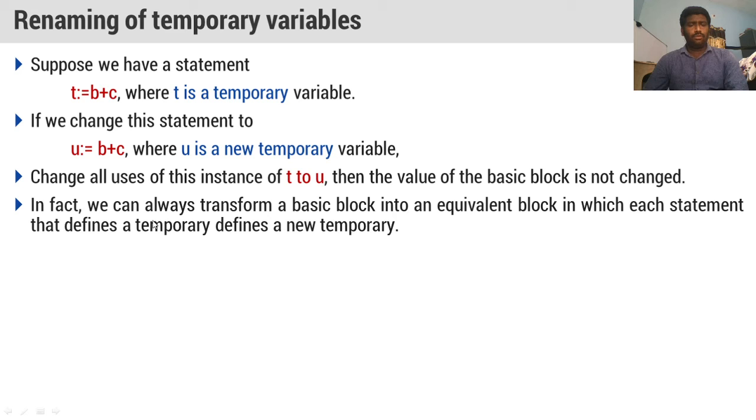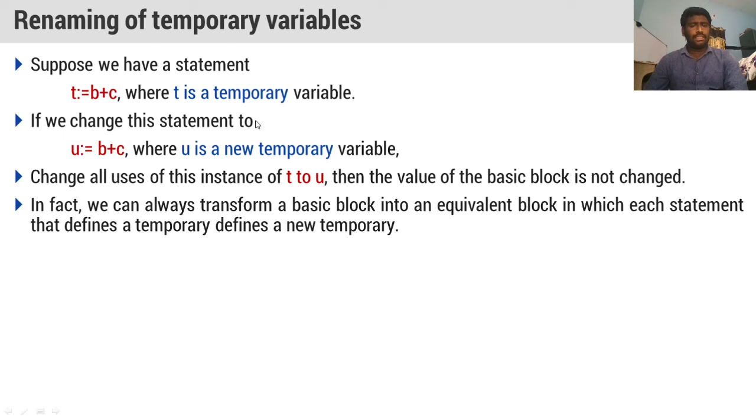We can always transform a basic block into an equivalent block where each statement that defines a temporary defines a new temporary, without changing the value of the basic block. So in this example, t equal to b plus c, t is a temporary variable.